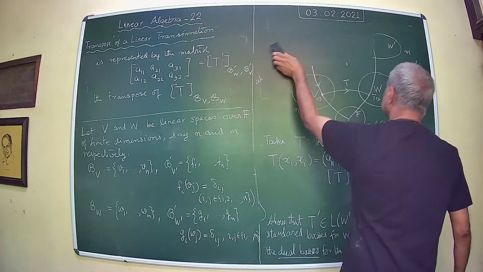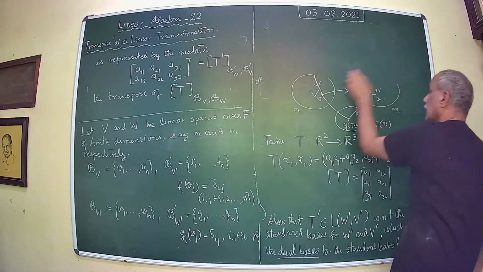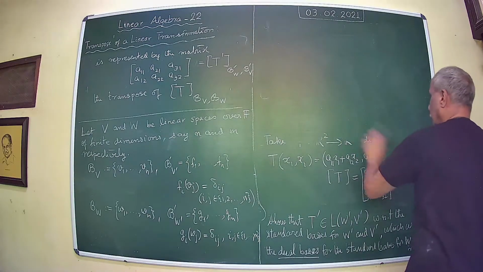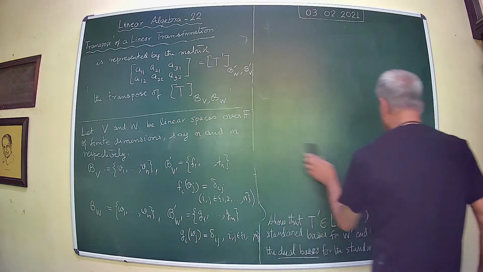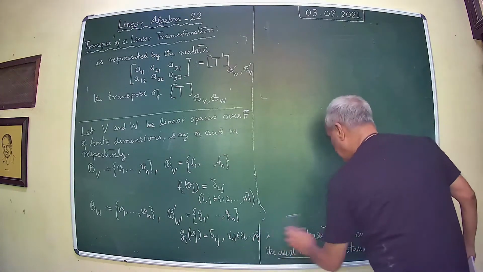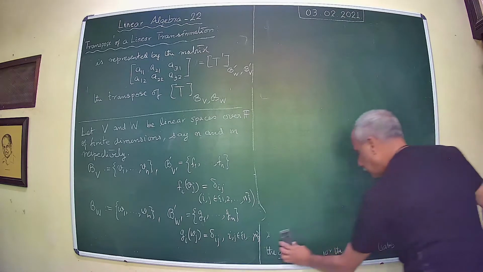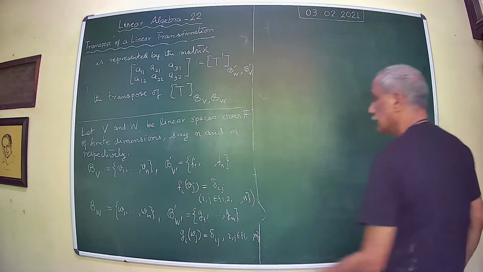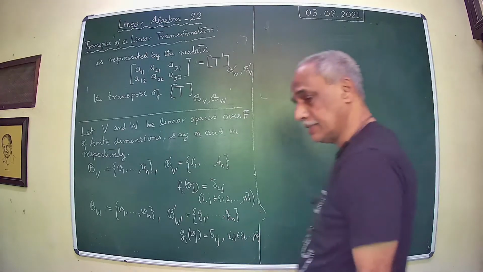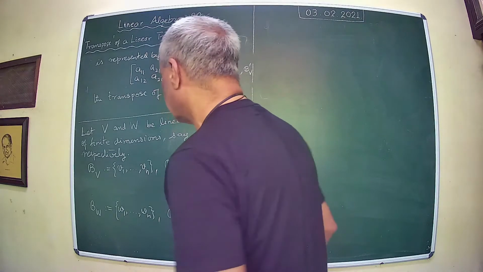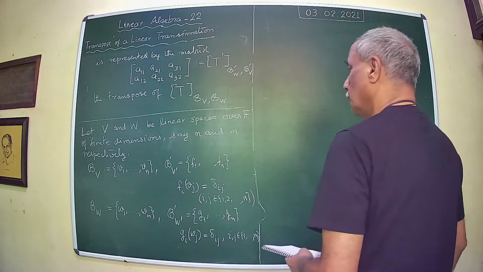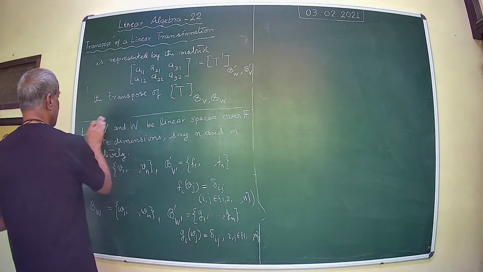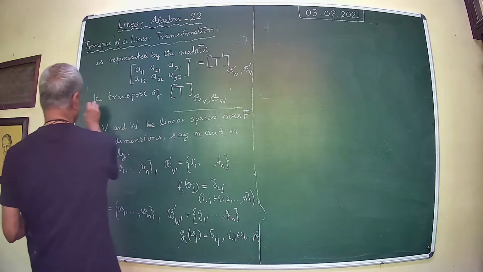Now we look at, we are now exploring the relation between the matrix representations of V and W. So let me just write here a table.